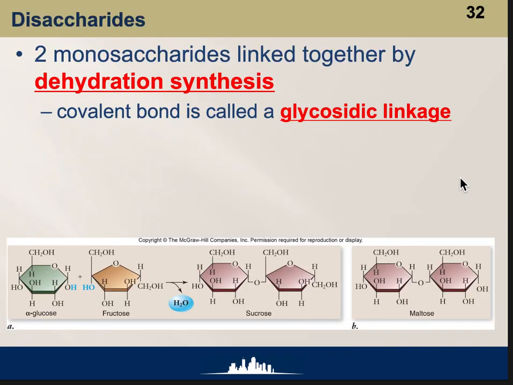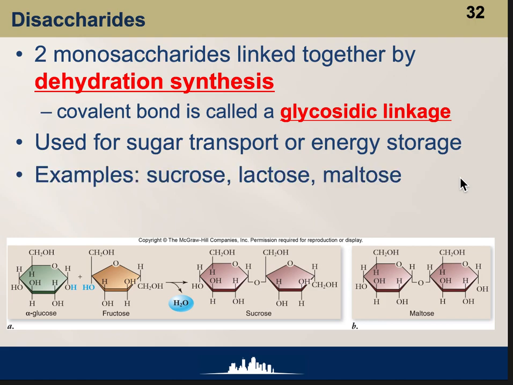So then disaccharides here, we see that disaccharides are two monosaccharides linked together using a dehydration synthesis. And one of the things that you will note along the way is we will have different linkages. When we have a linkage, it's specific to this macromolecule, and it's used for sugar transport or energy storage.